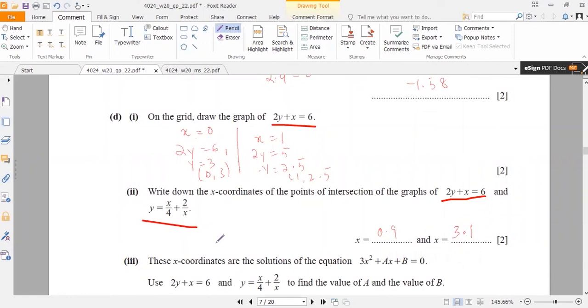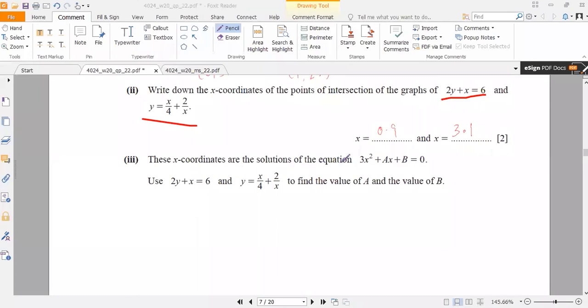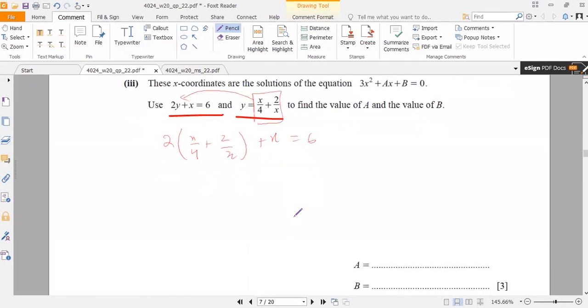Okay. Now, these x coordinates are the solution of the equation 3x squared plus ax plus b equals 0. So I have to use these two equations to find the values of a and b. So what if I put the value of y in this equation over here? So 2x upon 4 plus 2 upon x plus x equals 6.